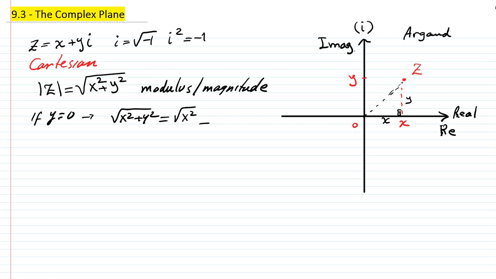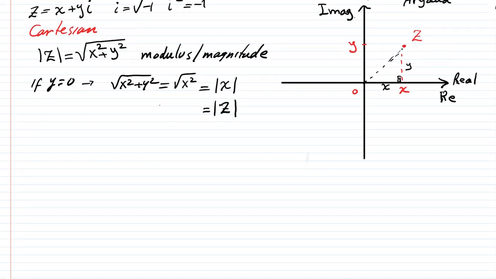And we know from algebra that the square root of x squared is the absolute value of x, because the mere presence of the square root simply means we're looking at the principal value. Now, because this is the absolute value of x, and at that point, the complex number has reduced to just x, right? What was z is now really x. So you replace x with z, and that is why it's called the absolute value of a complex number.